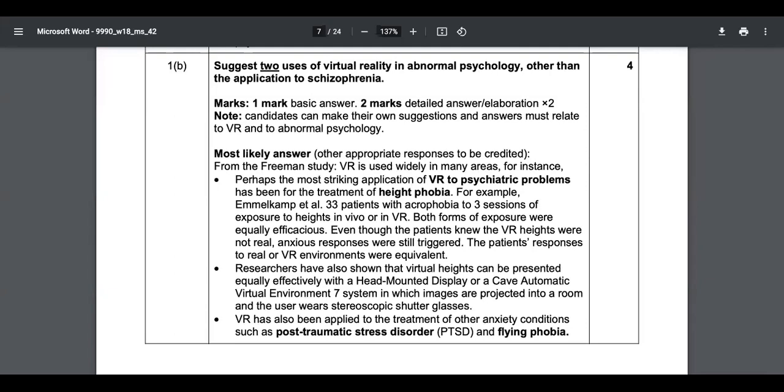You could say we can check if people are still bipolar in VR environments, even if it's a very fun VR environment, let's say of a party. Would someone who has depressive symptoms be depressive in a VR as well? That's something you can create for yourself. But over here, they've given us more constructed and legitimized answers. That's why I'm showing you this.